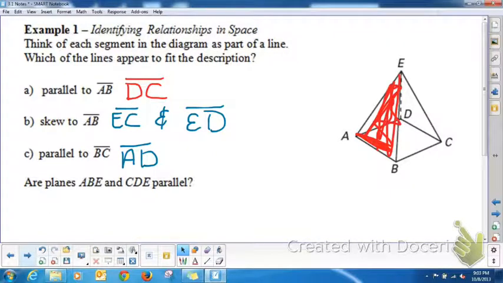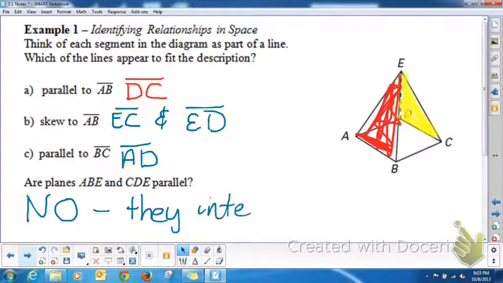Is it parallel to plane CDE? If you said no, you're right. They are not parallel because they intersect. Their intersection is at point E. And parallel planes never intersect.